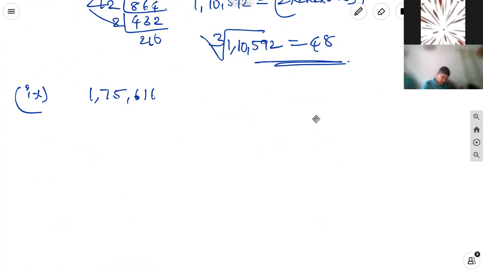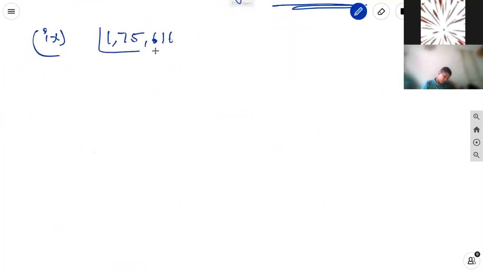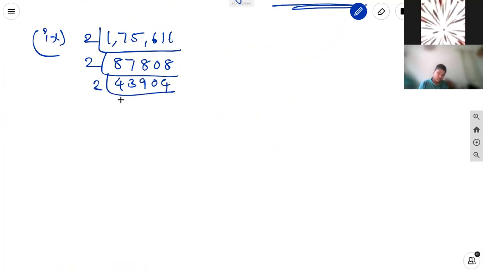Again it is an even number, so choose 2. 2 eights are 16, 2 sevens are 14, 2 eights are 16, 2 eights are 16, 2 fours are 8, 2 threes are 6, 2 nines are 18, 2 fours are 8, 2 twos are 4, 2 ones are 2, 2 nines are 18, 2 fives are 10, 2 twos are 4.